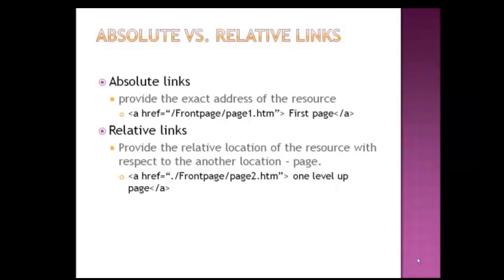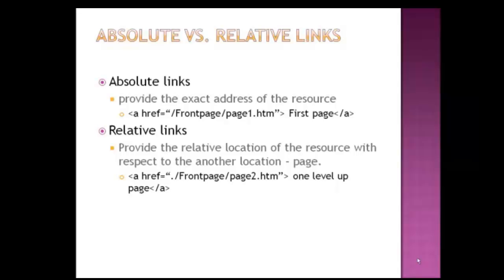So look at the first example. In the first example, if I wanted to reference page 1 from anywhere in the site, and page 1 was located in a front page folder, I would go ahead and reference the exact absolute location of this. Or if I want to go to yahoo.com, I provide the exact location, or a page within yahoo.com, I provide the exact location, including www.yahoo.com / the folder / the file I'm looking for.